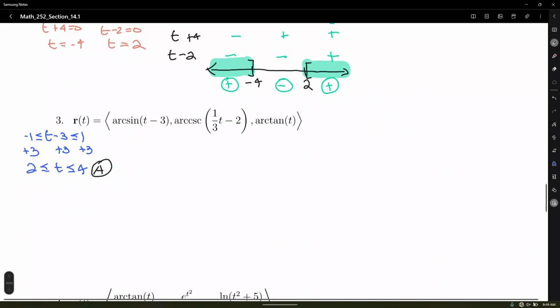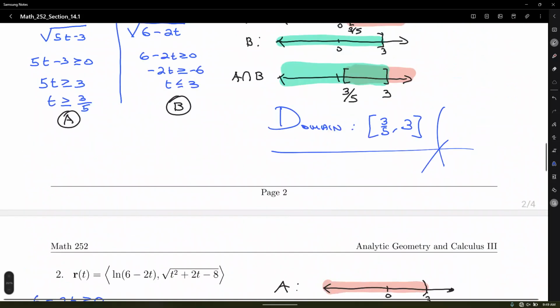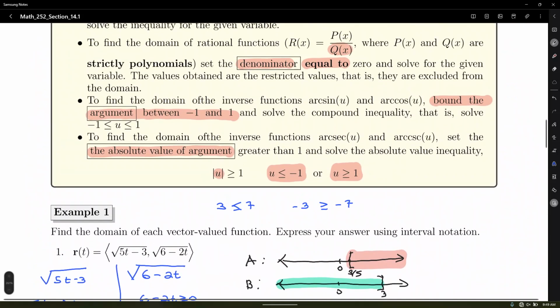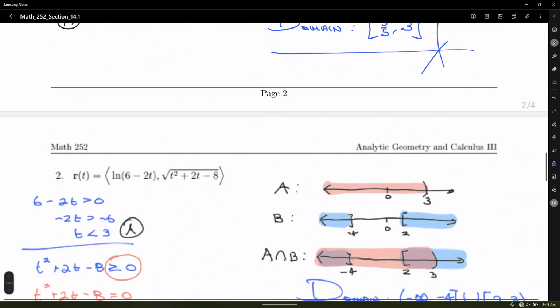In this case, let me go back to the arc cosecant. For arcsecant and arc cosecant, we need to set two inequalities. That is the argument less than or equal to -1, or the argument greater than or equal to +1, and then find the union of both of those, and then the intersection for the overall domain.